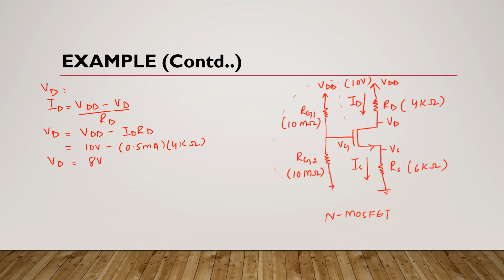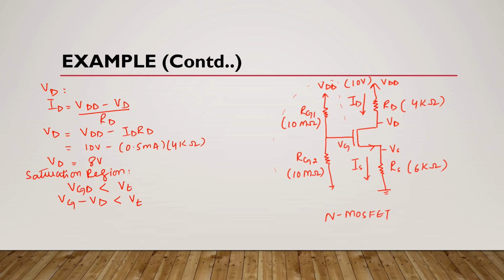Okay. Now, as we have assumed that this transistor is in saturation region, and we know that in saturation region gate to drain voltage is less than threshold voltage, it can be written as gate voltage minus drain voltage is less than threshold voltage.